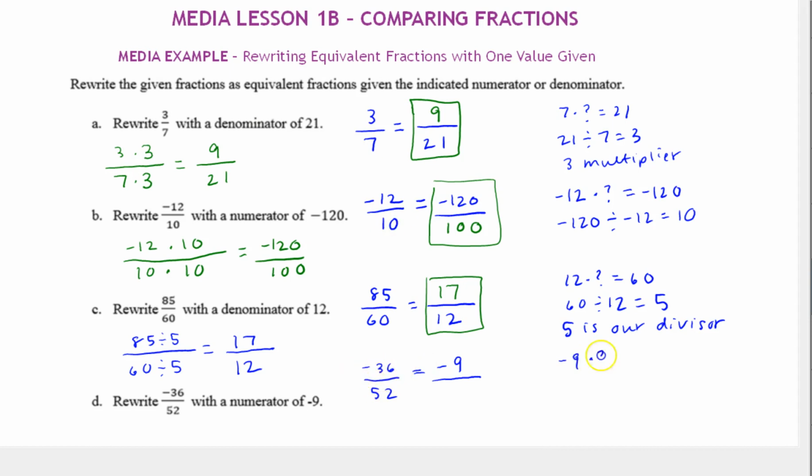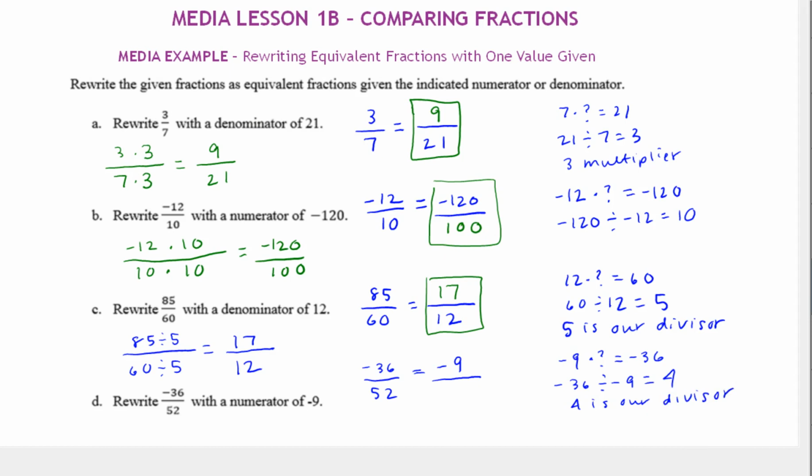Negative 9 times what number gives me negative 36, and that's equivalent to negative 36 divided by negative 9 equals 4. So again, since we're going from larger numbers in absolute value to smaller numbers, this is our divisor. 4 is our divisor.